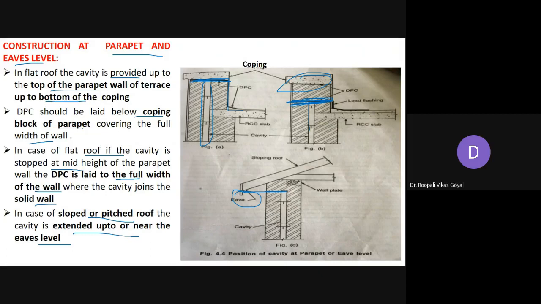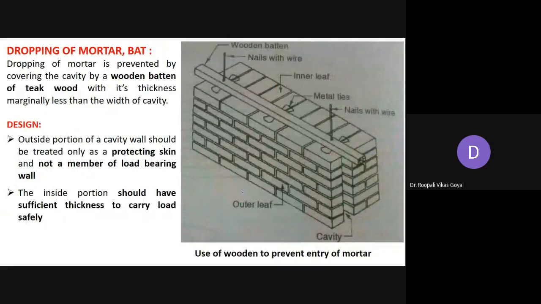Now as there is a cavity between the two walls, there are always chances of dropping of mortar or brick bats. Whenever the work of our wall is going on, brick bats or some of your material can drop and come inside your cavity. So dropping of this mortar is generally prevented by covering the cavity with wooden battens.